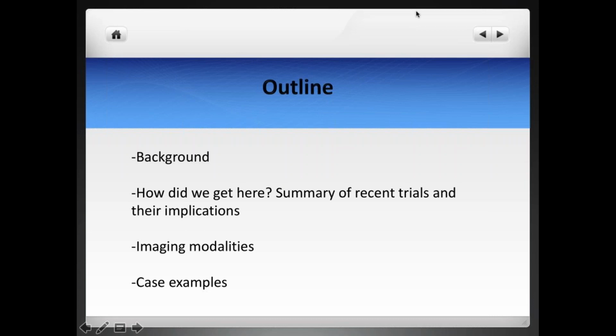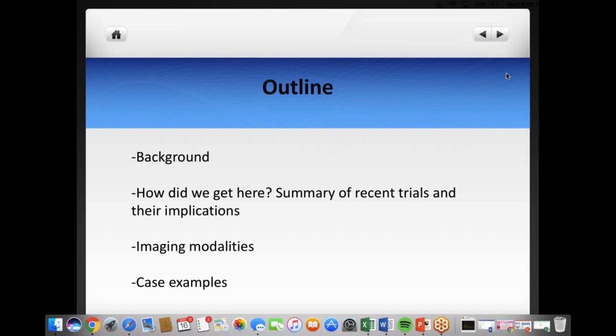Then I'm going to talk about the recent trials, and hopefully many of you are aware of them. If not, I'll try to summarize them and underline the importance of these trials and the implications they have in the way we manage and triage stroke.